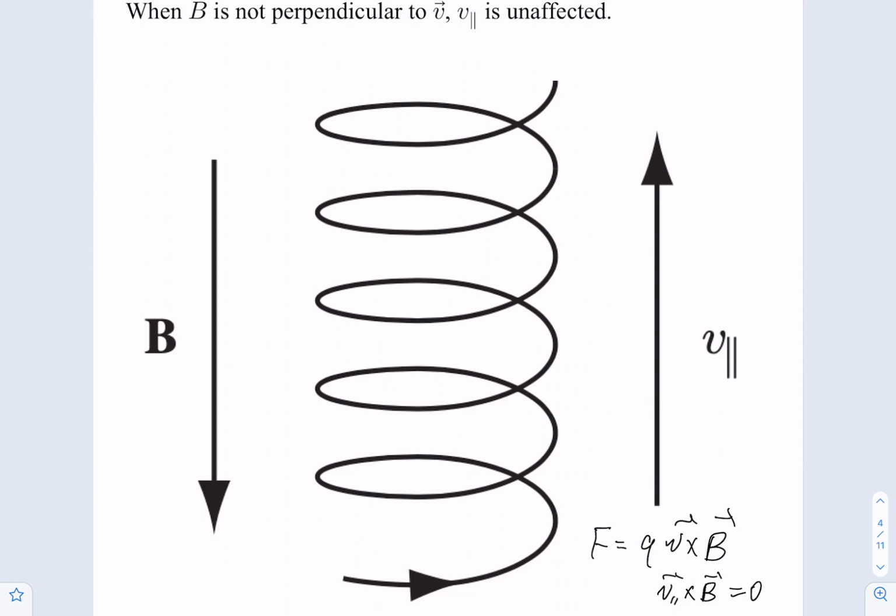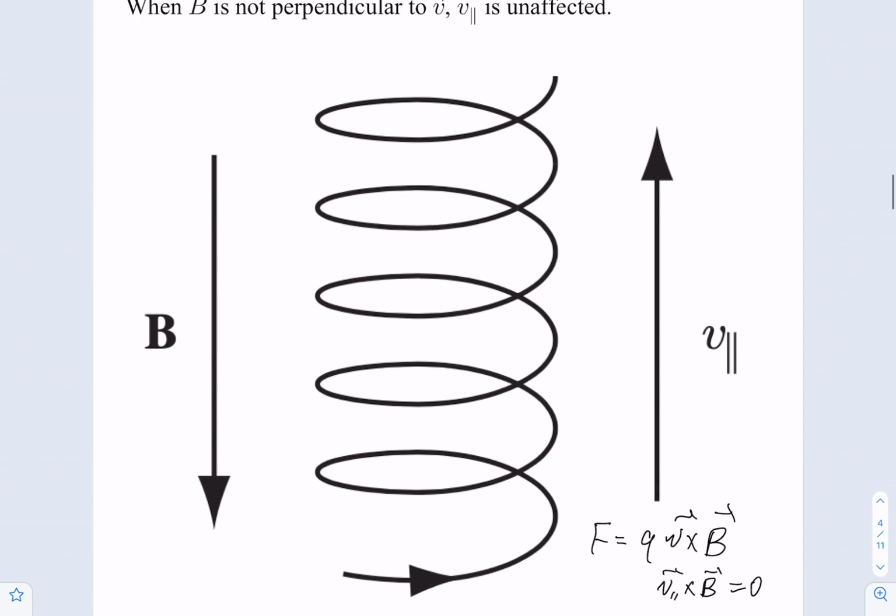And in this case, you simply have a cyclotron orbit plus additional motion along the direction of your parallel velocity, so along the line of this B field. So it will be something like a spring.